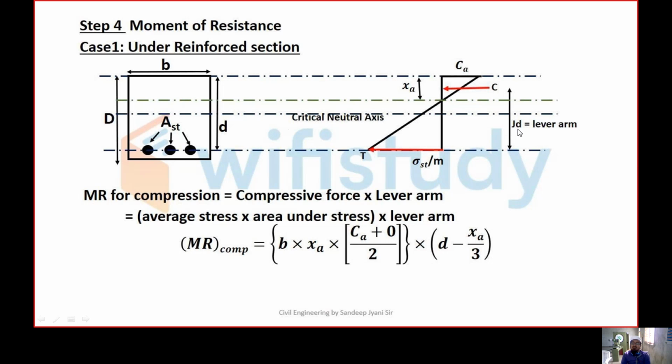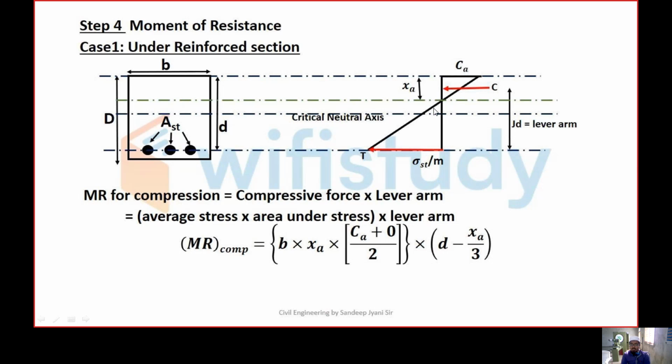And the critical depth of neutral axis lies below the actual depth of neutral axis. So with the help of the critical depth of neutral axis, we cannot say that compression and tension will be equal to 0 here. Only with the help of the actual depth of neutral axis can we say that compressive and tensile forces will be 0.